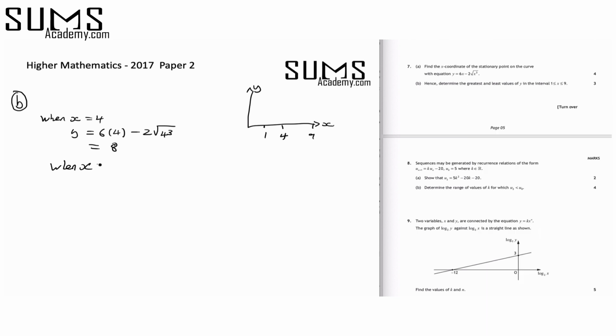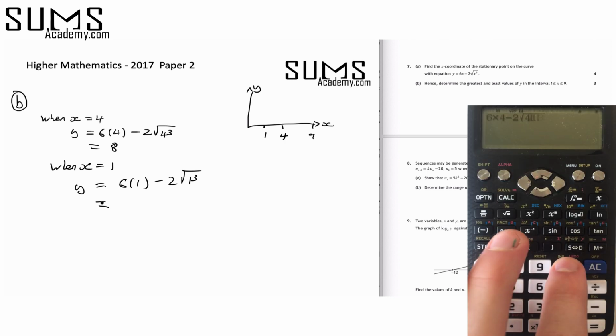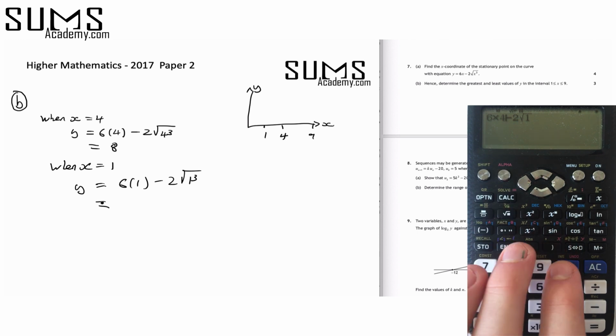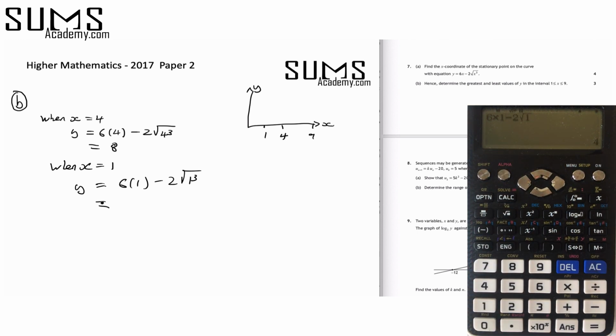When x equals 1, I'll write it out properly. y equals 6 times 1 minus 2 root 1 cubed. So that just becomes, 1 cubed is obviously 1, so it's 4.